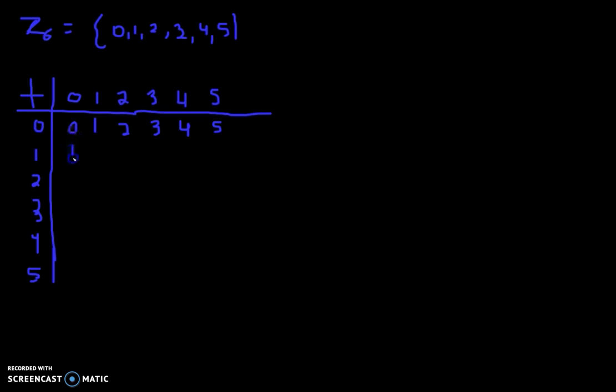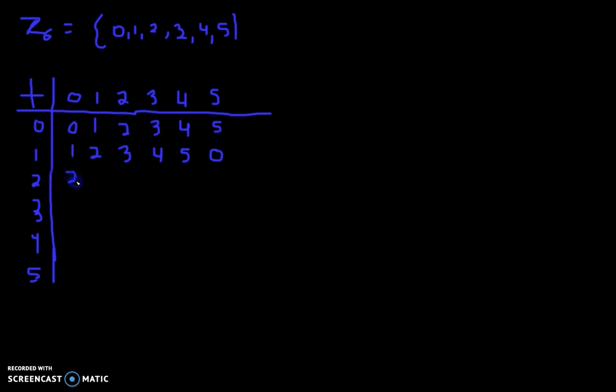Then we're going to do 1. 1 plus 0 is 1, 1 plus 1 is 2, 1 plus 2 is 3, 1 plus 3 is 4, 1 plus 4 is going to give us 5, and then 1 plus 5 is going to give us 6. And we notice that 6 mod 6 is 0 because we don't have a remainder.